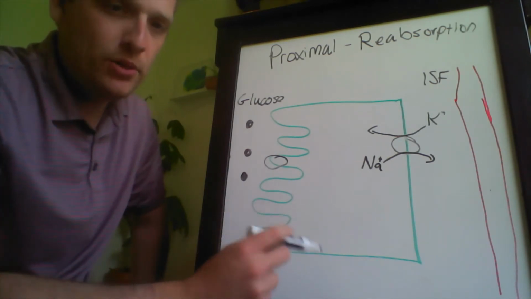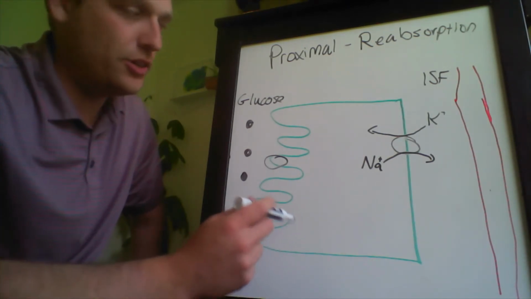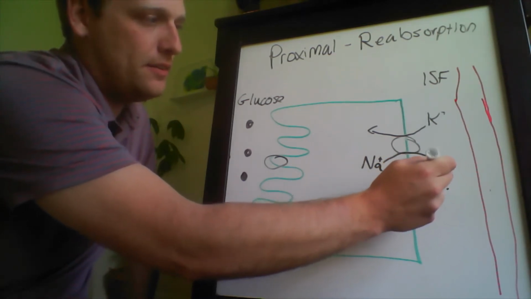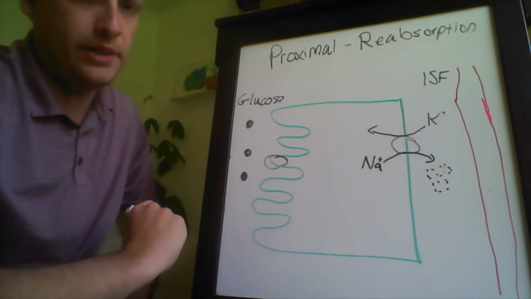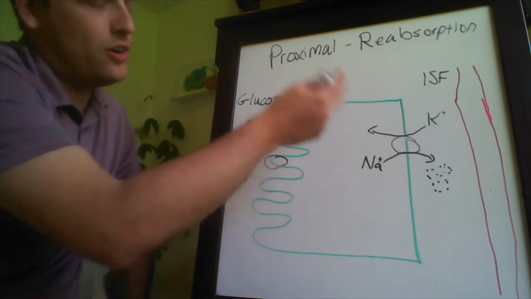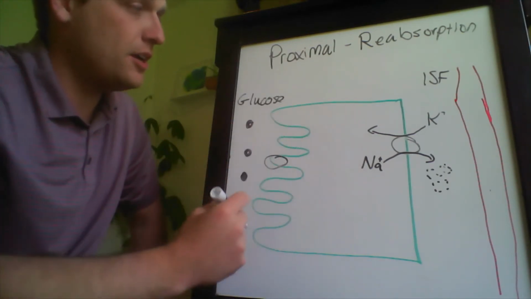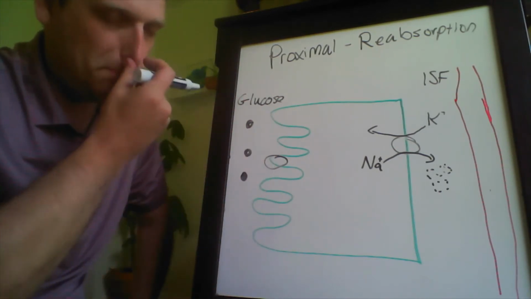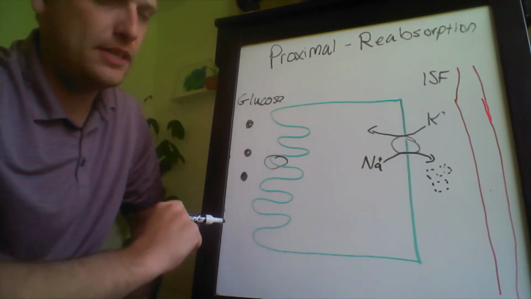So you're going to be building up large concentration gradients of sodium outside the cell in the interstitial fluid, and also a concentration gradient of potassium inside the cell. But we'll disregard potassium for a second.